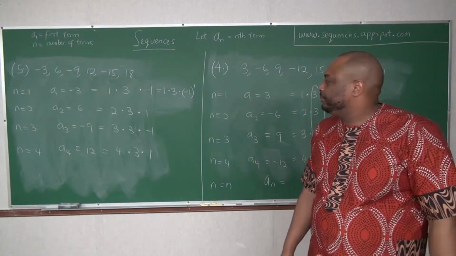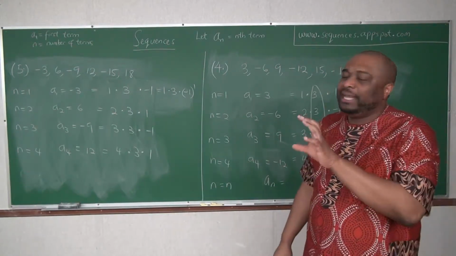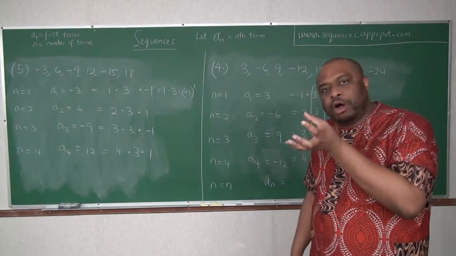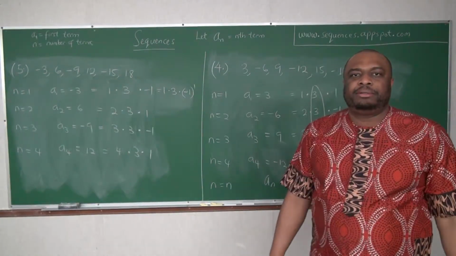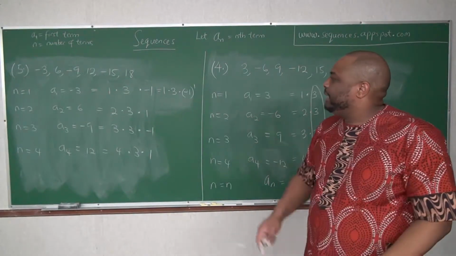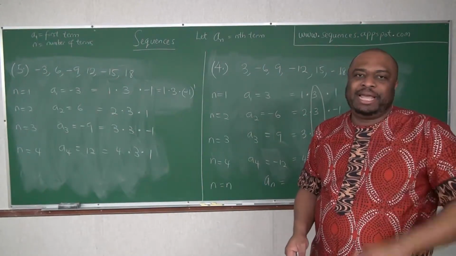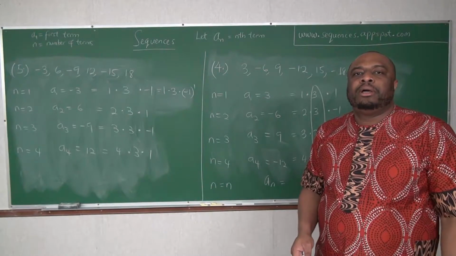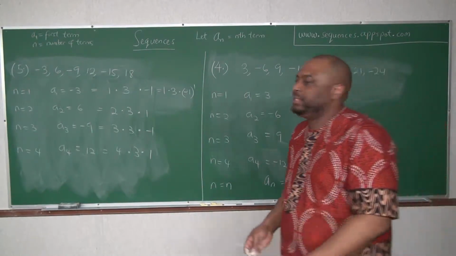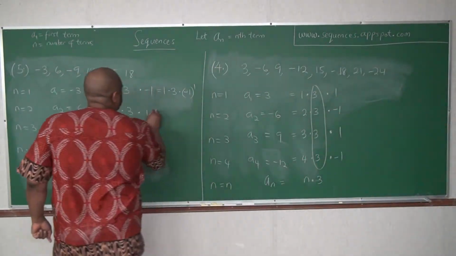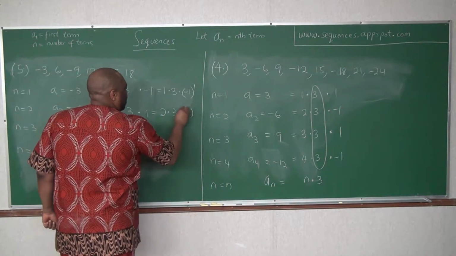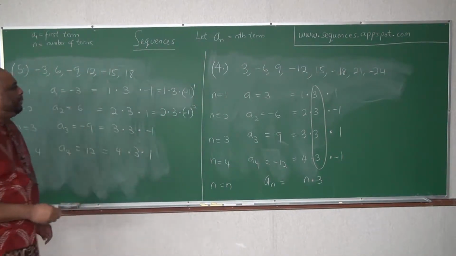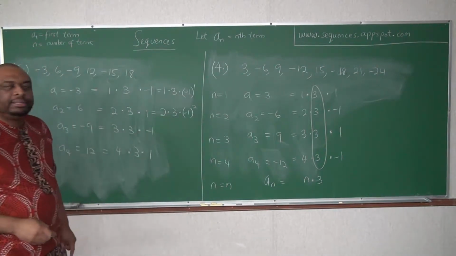A negative base raised to odd exponent always gives you a negative result. A negative base raised to even exponent always gives you a positive result. So this is now 2 times 3 times -1 all squared, because -1 all squared is 1.